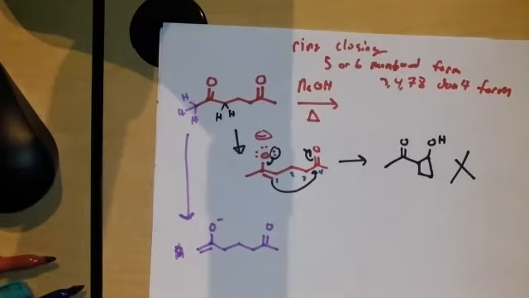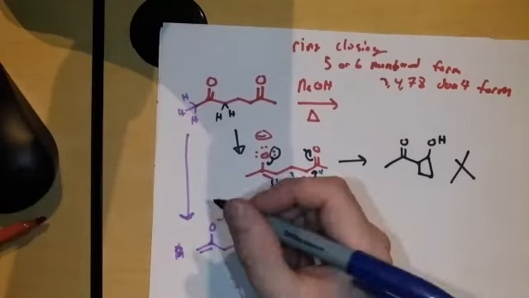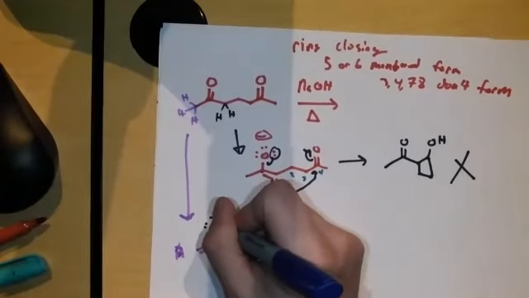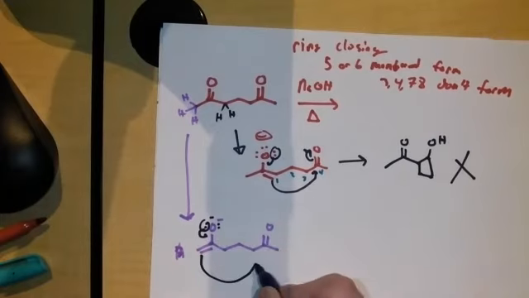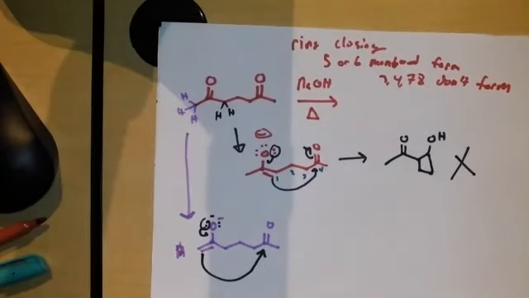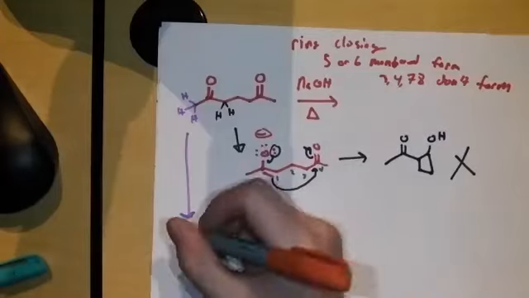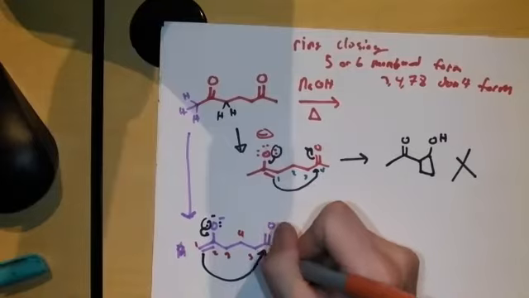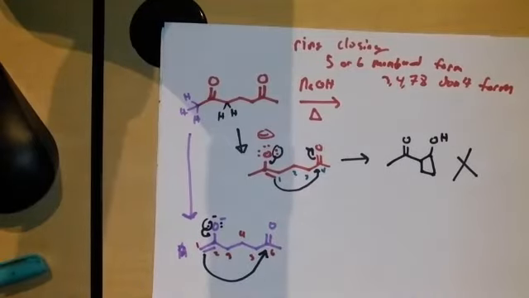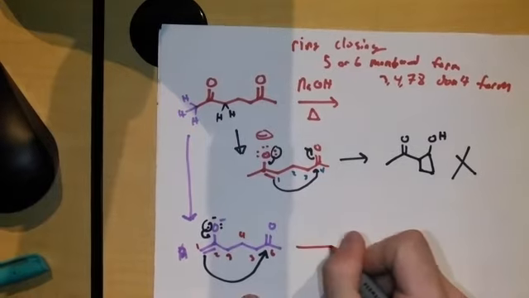And form this enolate. And the reason behind this is that when you do your attack here, we can make a much more favored ring. So now we're making our ring from the end over here. 1, 2, 3, 4, 5, 6. And we're gonna make a ring that actually will form. So 6-member rings are much more likely.